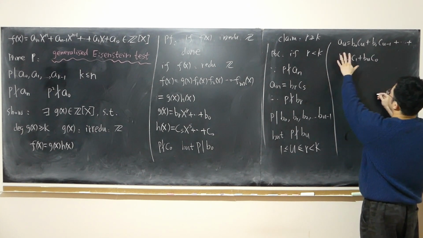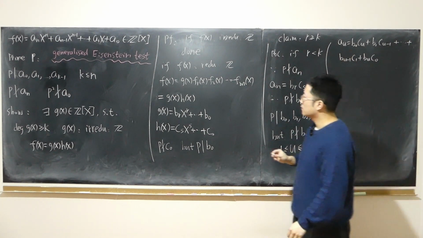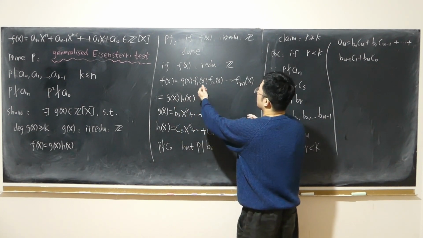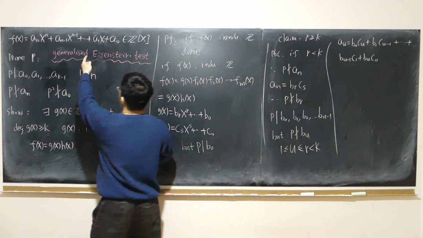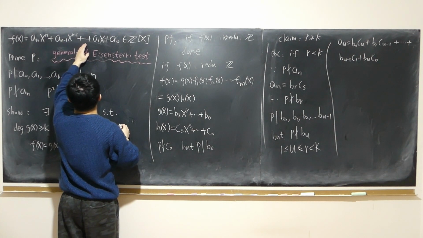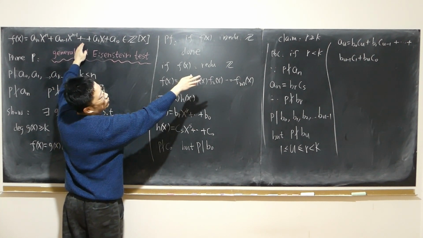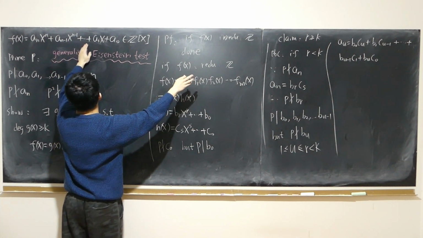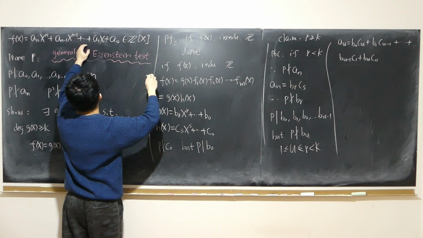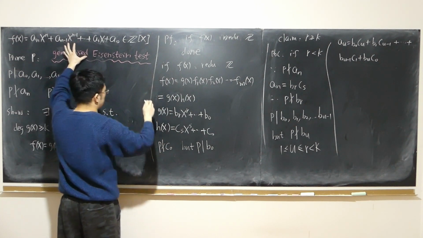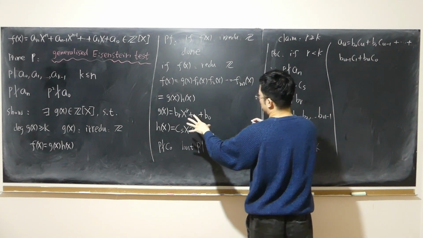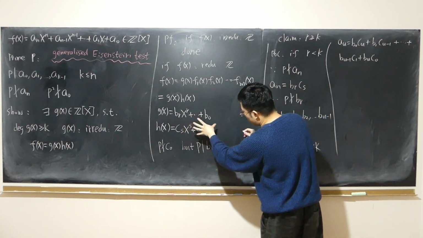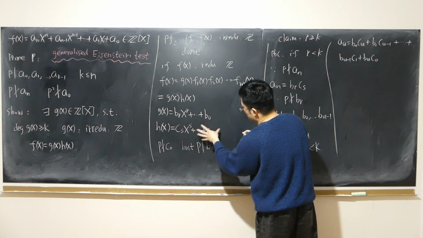The reason is because somewhere in here we have A_u times x to the power of u. So where does that come from? That comes from all the possible combinations out of those two polynomials.